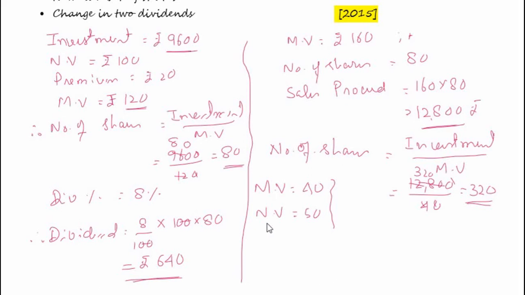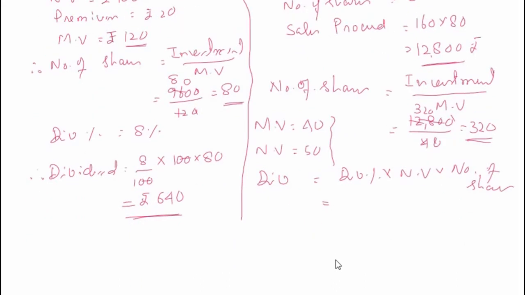Now we need to find out how much dividend he receives at the end of the year. So dividend is equal to, let me write the formula, dividend percentage into NV into number of shares. So what is the dividend percentage? That is 10%.